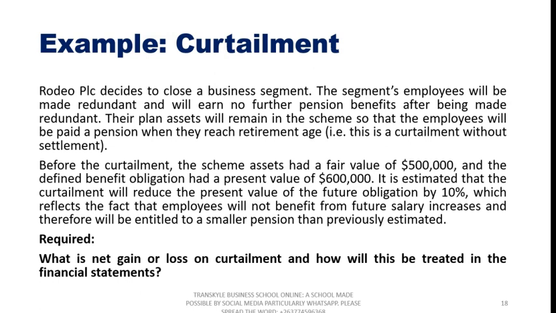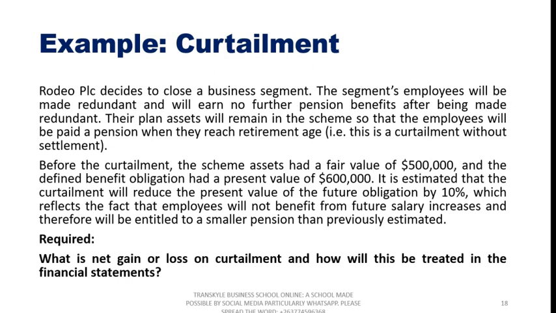Required: what is the net gain or loss on curtailment and how will this be treated in the financial statements? Okay, so this is the information which we have been given.